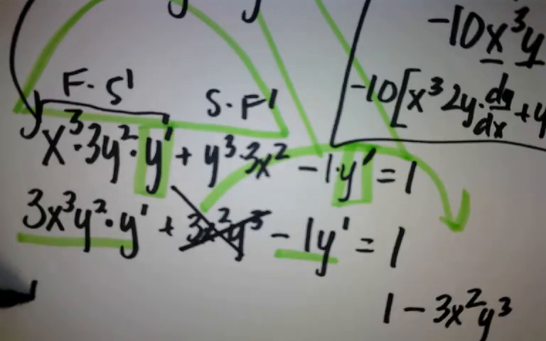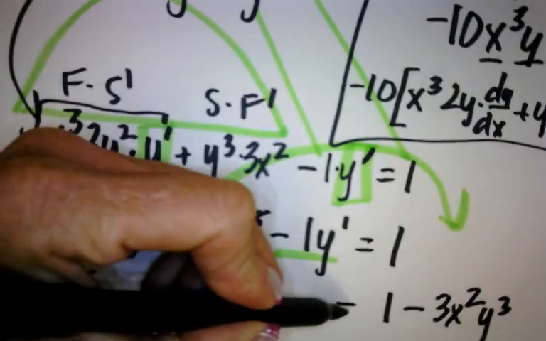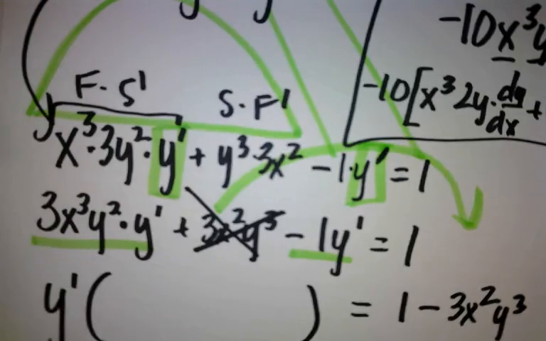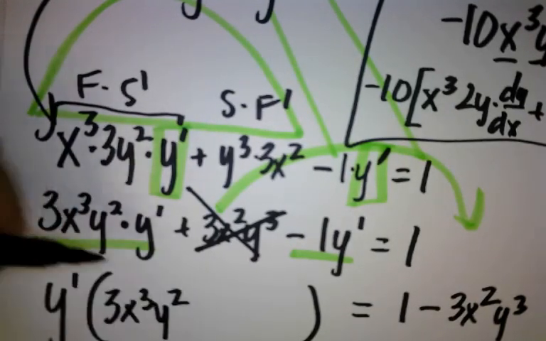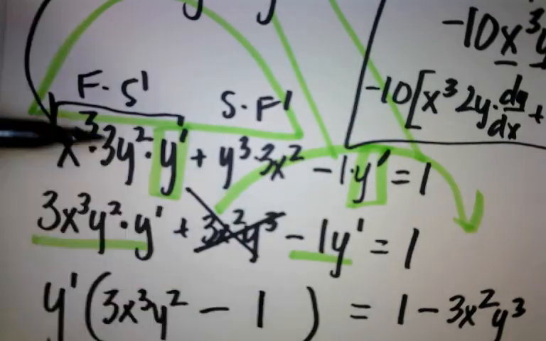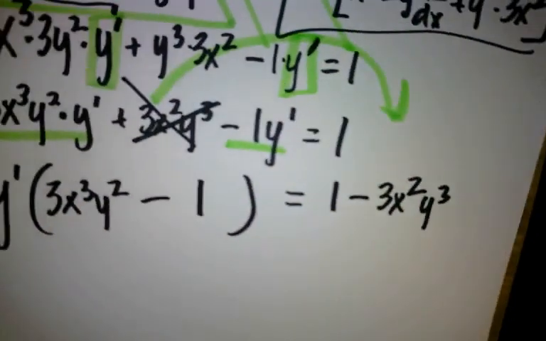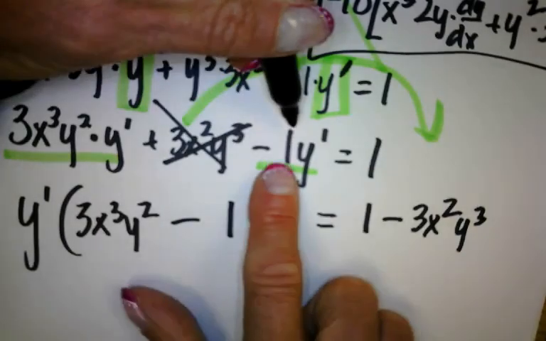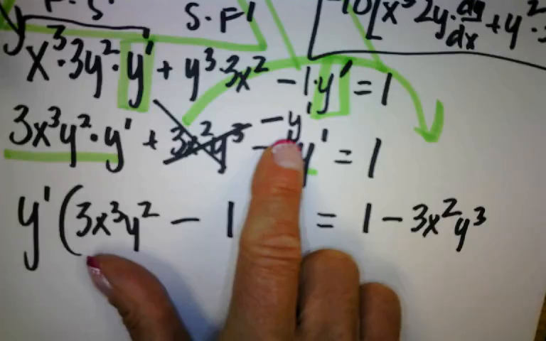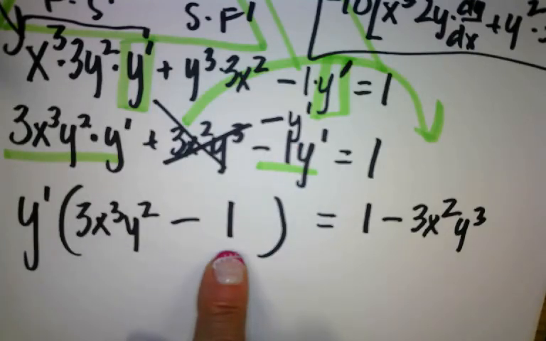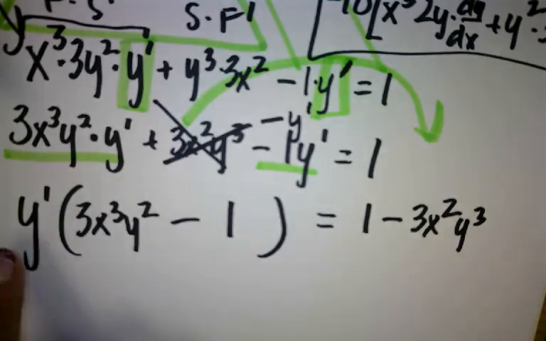What I have left here is 3x cubed minus y squared, and what I have left here is negative 1. If you factor something out of a term, let's say you didn't have the 1 written, some people think that if they factor out the y prime that they have 0 left here. That's wrong. Okay? When you distribute this you have to get two terms back. You can't get two terms if you put a 0 here.